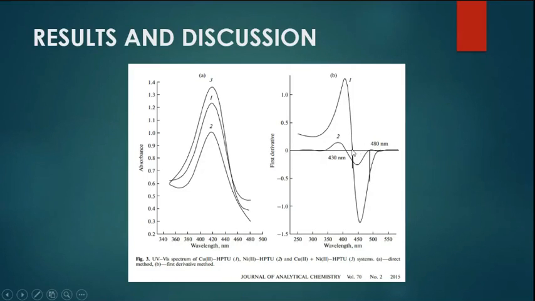Now it's a zero, as she mentioned. Mathematically, it's just because we're in the peak, right in the center, there is no slope. Therefore, the derivative will be 0, right? So here we see the zero crossover point at 480.